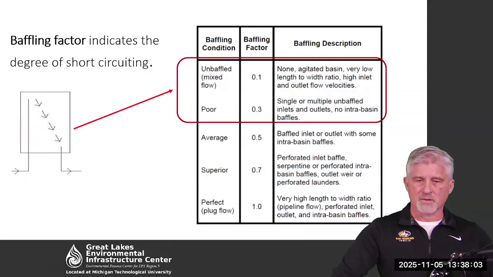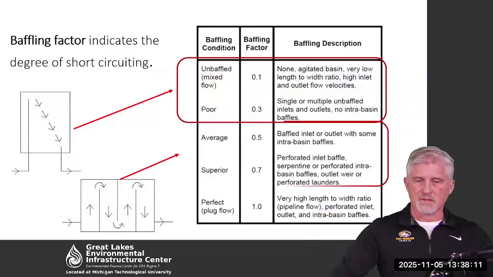So that would be in the unbaffled to poor range. If we've got baffling similar to this, where it has to go through all of this, it's likely to be in the average to superior range. And you see these factors, the factor is less when we have less baffling, and it's more when we have more baffling.